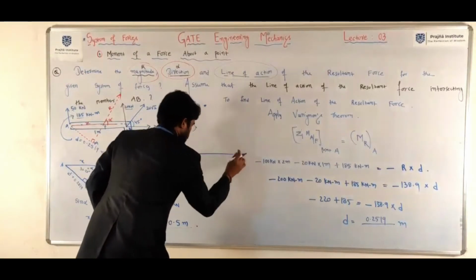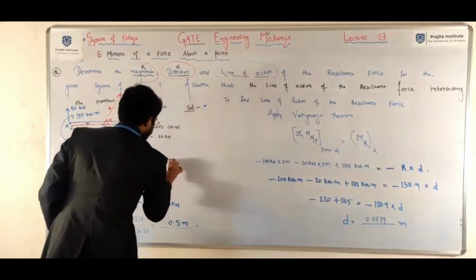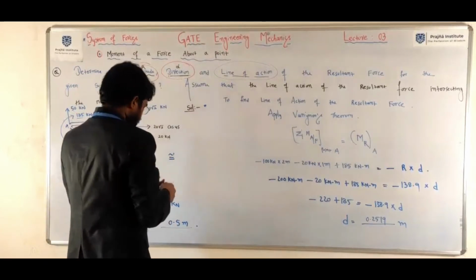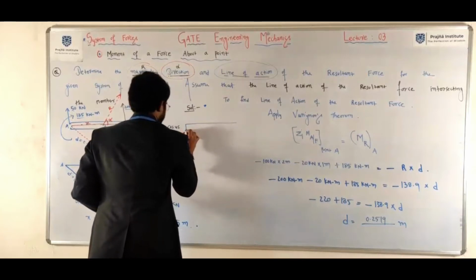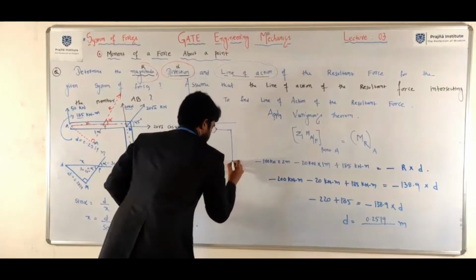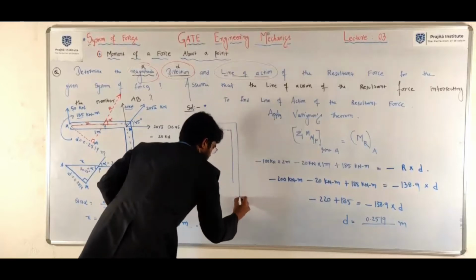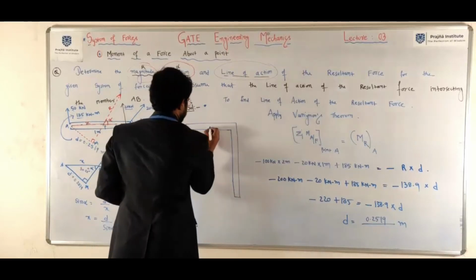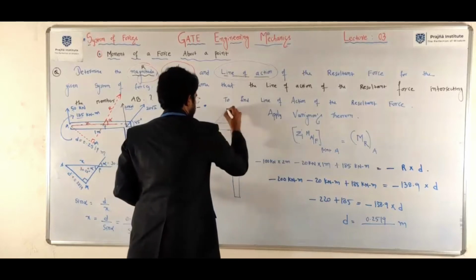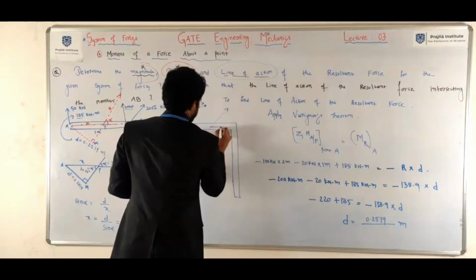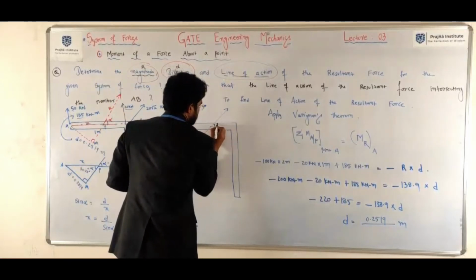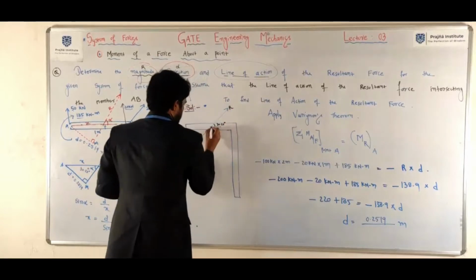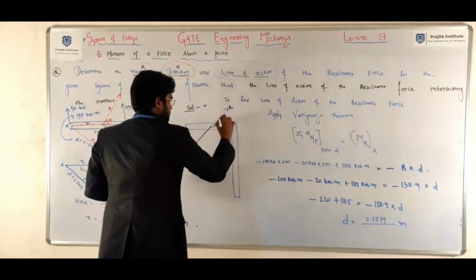See this equivalent system now. This is 30.28 degrees, R, and the line of action.